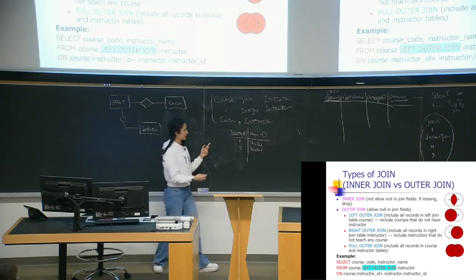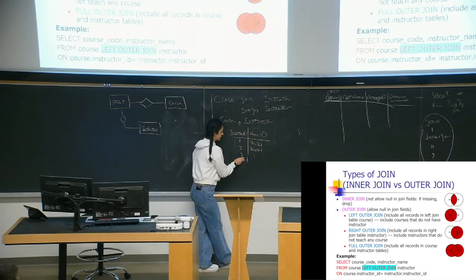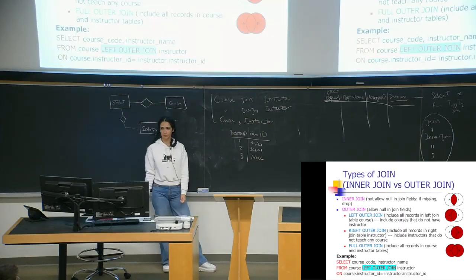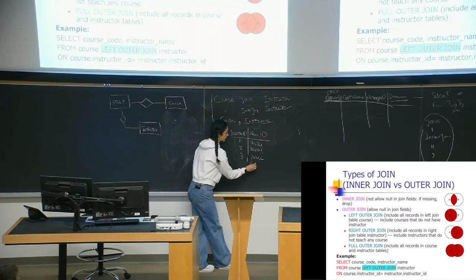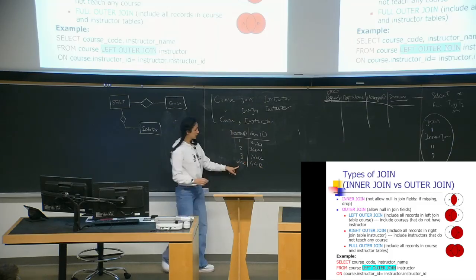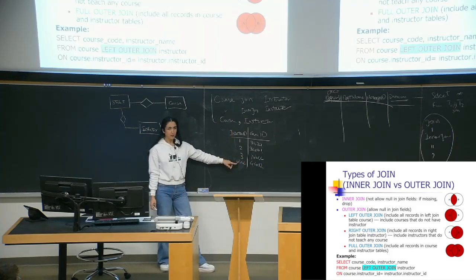But you don't see, for example, instructor ID 3 if they are not teaching any course yet. You don't get this. Or if you have a course, let's say course 4 or course 12, that doesn't have any instructor yet, you will not see this, okay? So the inner join meaning is this.